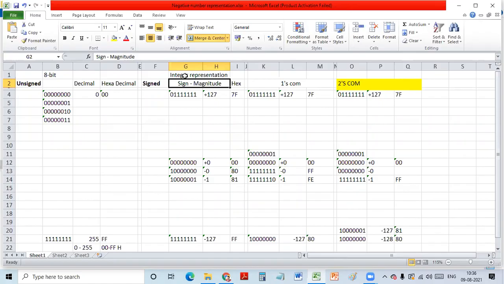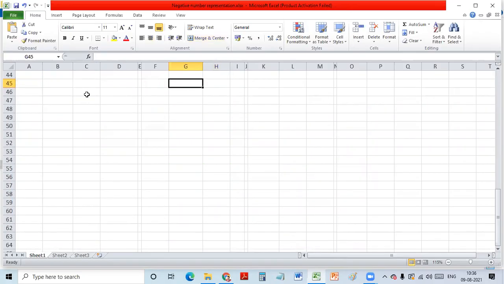Normally we use a decimal point to represent a fraction. So if my number is something like 23.45, this decimal point, a dot, is used for representing the fraction.